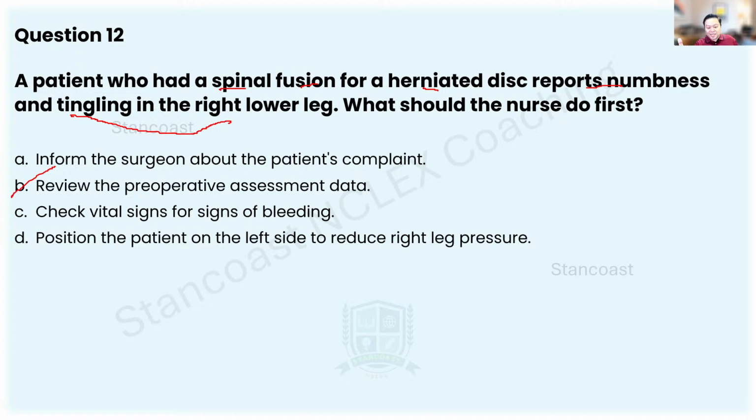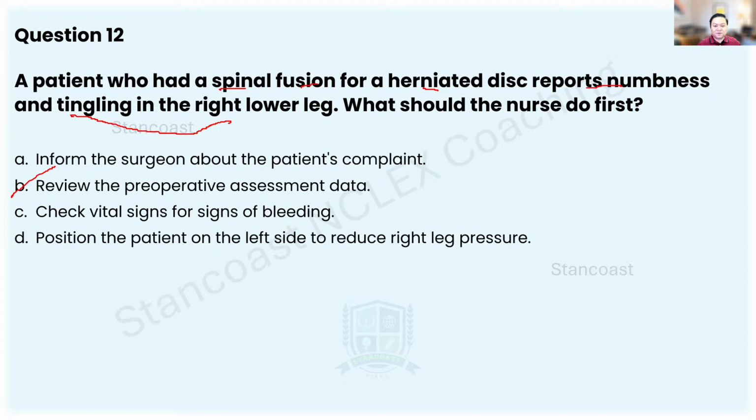So this time, guys, before you make that phone call to the medical provider or the surgeon, you need to take a look also into the previous assessment results. Take a look if the patient had the same manifestations. Did they have numbness? Did they have the tingling in the leg? So that would be our first step, okay?